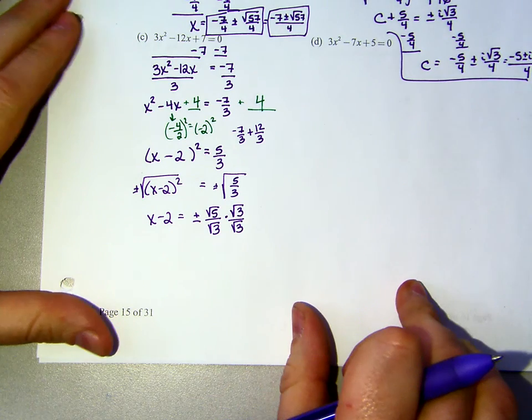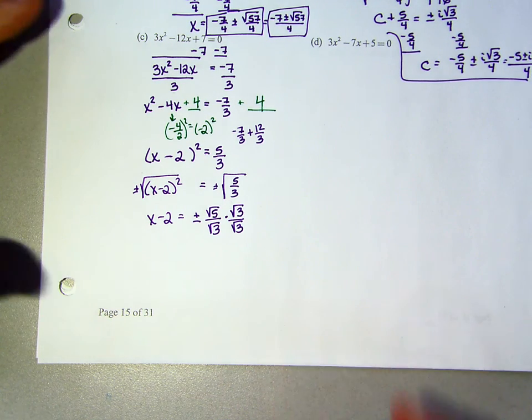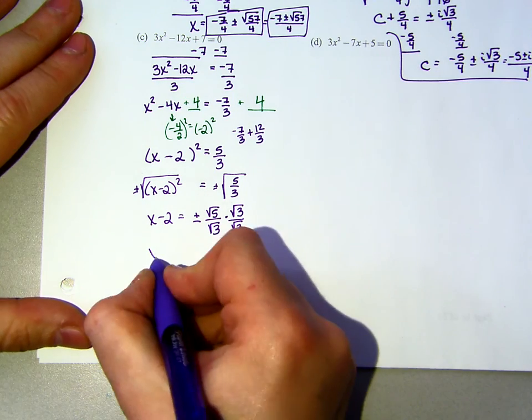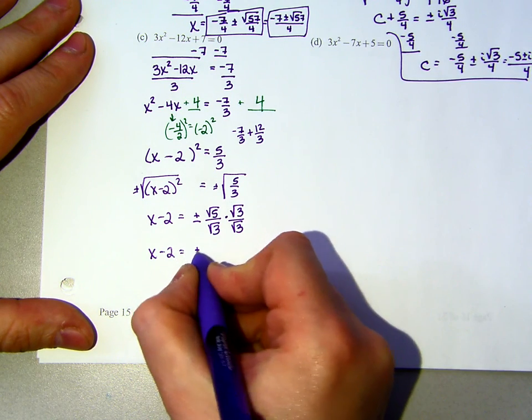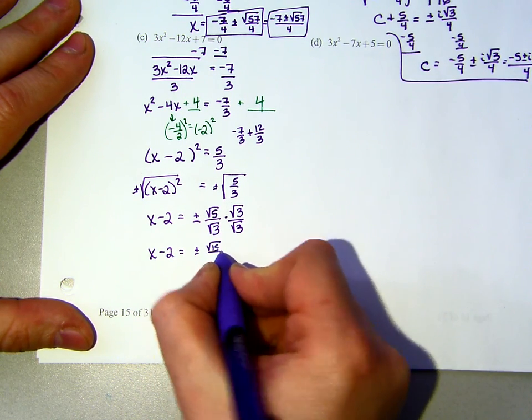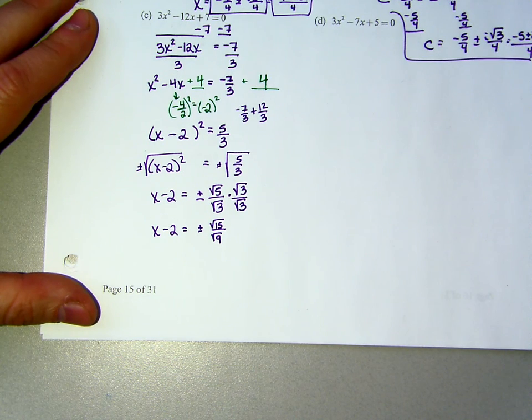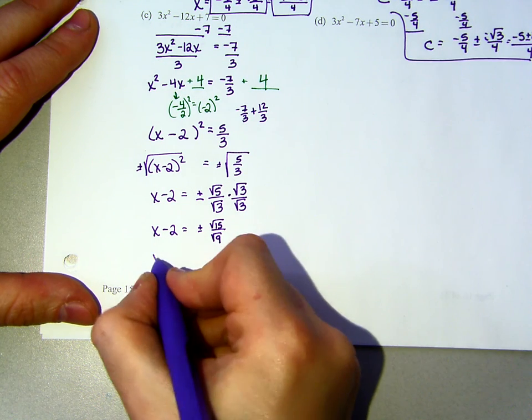So can you not just leave it as root 5? You're not allowed to leave a square root in the denominator. Please don't do that. It can't just be root 5 over 3, because technically it does mean there's still a root in the denominator even though you didn't write it. It really means root 5 over root 3. We're going to get x minus 2 equals plus or minus root 15 over root 9. How is that any better? Root 9 is 3.